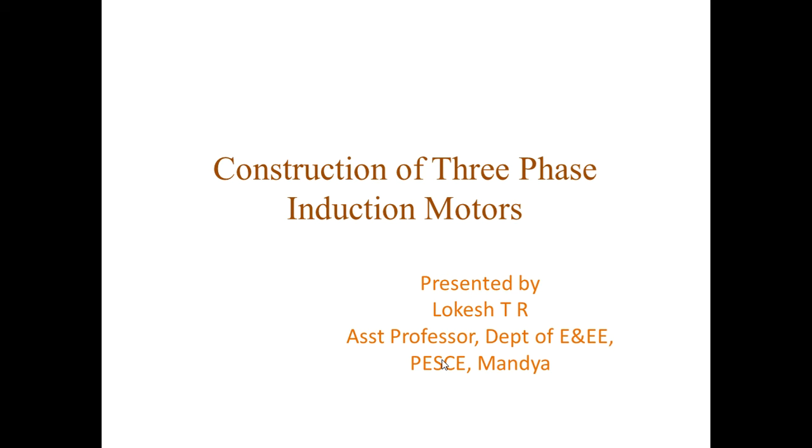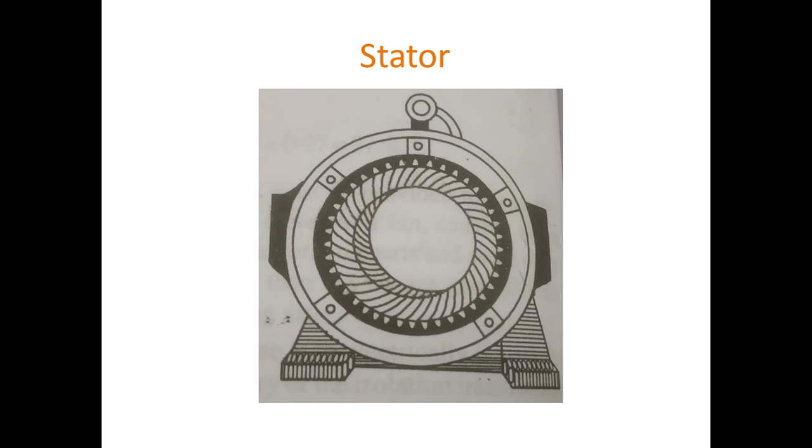Now let's move on to the constructional details of the stator part of the induction motor. This is the view of the stator part of an induction motor. The stator consists of a steel frame which encloses a hollow cylindrical core, generally made of thin laminations of silicon steel.